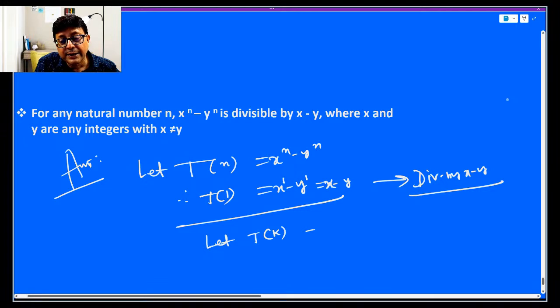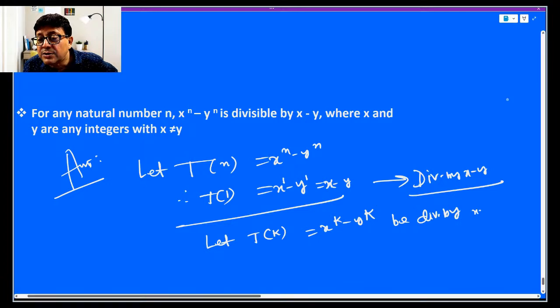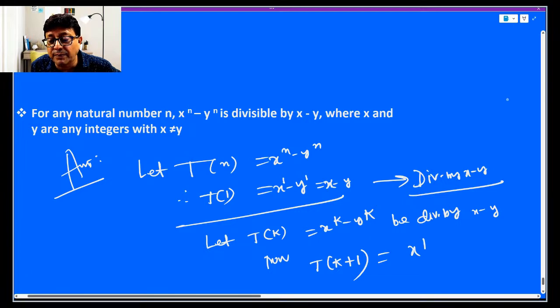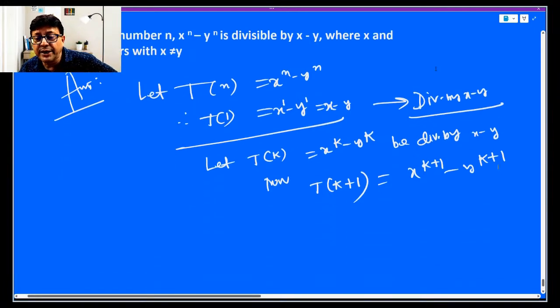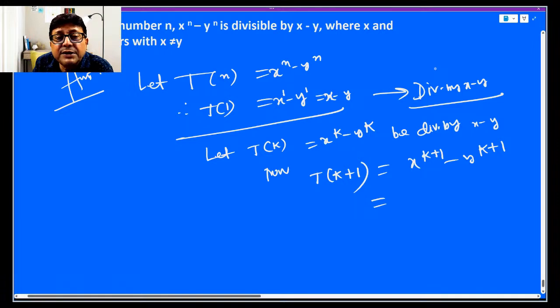Let Tk be divisible by x minus y. Now T(k+1). What is the value of T(k+1)? Just put it there. T(k+1) is x to the power k plus 1 minus y to the power k plus 1. Isn't it? This thing you write in the form of Tk. Is it possible? Let's see.